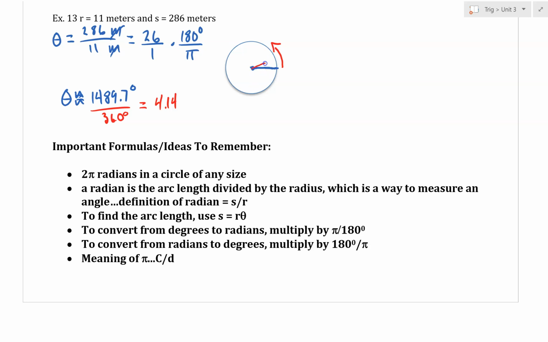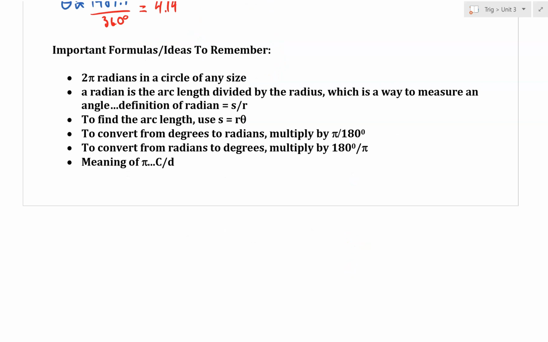So it would be something like this maybe. And then you would start and you'd go around once, twice, 3 times. You got to go to at least 4. So starting here, there was 1, 2, 3, 4, and then that little bit extra. That's what we would draw if we were drawing a picture, showing how many times it's going to go around till it gets there. But roughly 4.14 times.